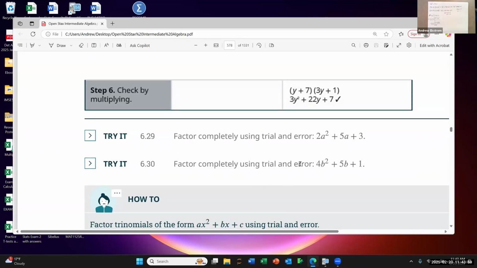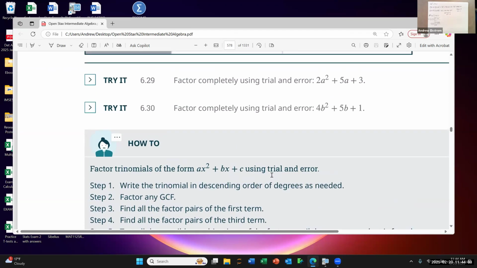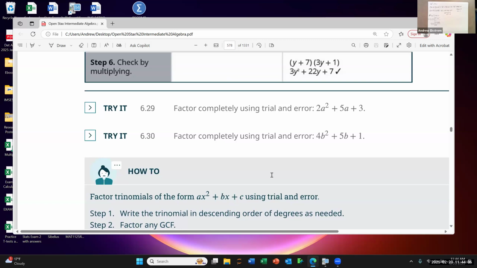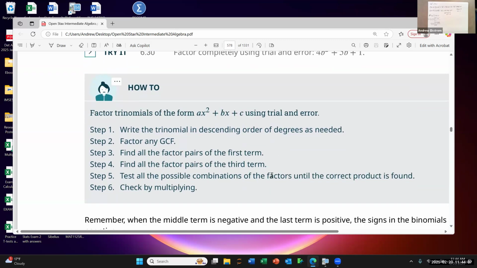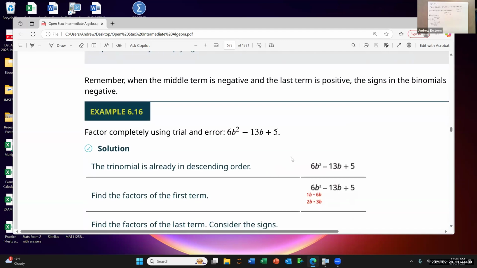And again, factor completely using trial and error. Well, how about we just use a better method and be done with it. Looking at this, there's nothing that we can factor out immediately.